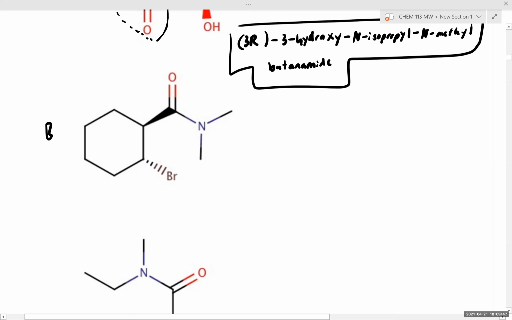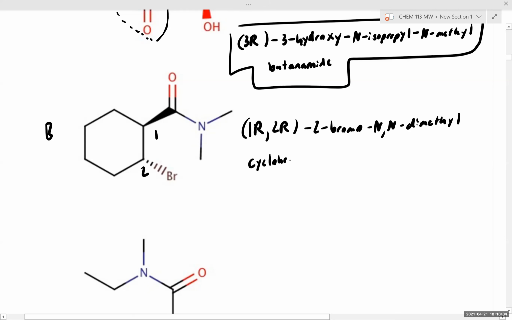So we have a proposed name of 1R, 2R, 2-bromo, N,N-dimethyl cyclohexane carboxamide.